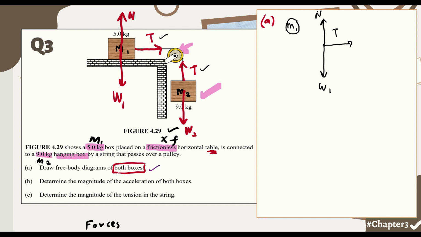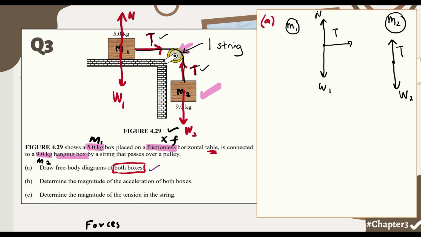We label both as T, not T1 or T2, because they act on only one string, so the tension is the same. For M2, we have T upward and we have W2. That is the free body diagram for mass number 2.